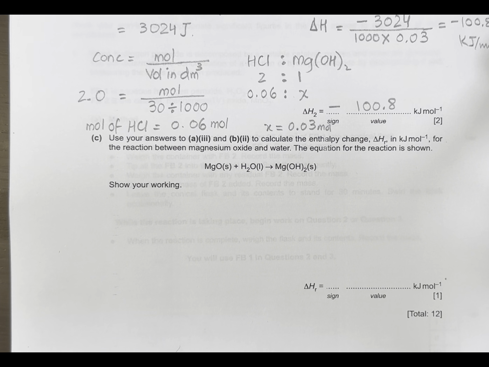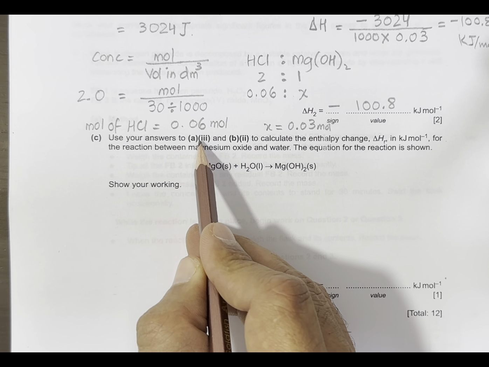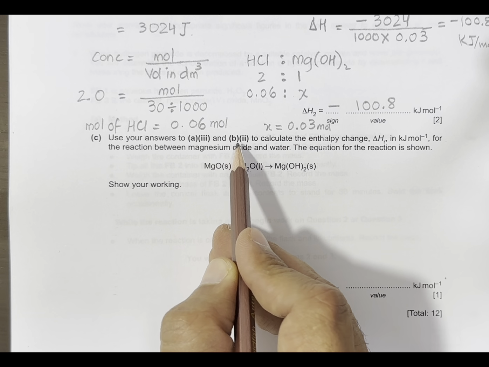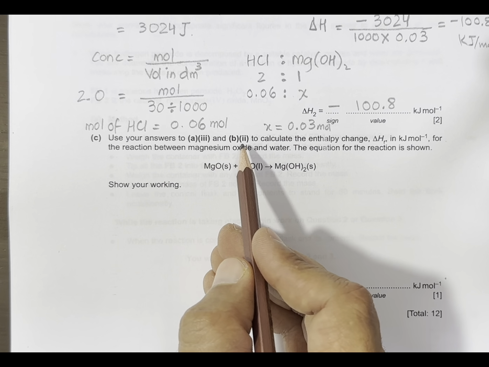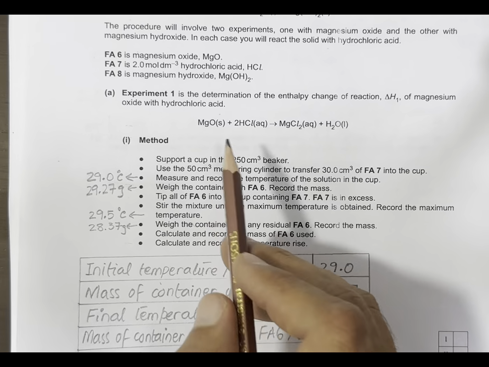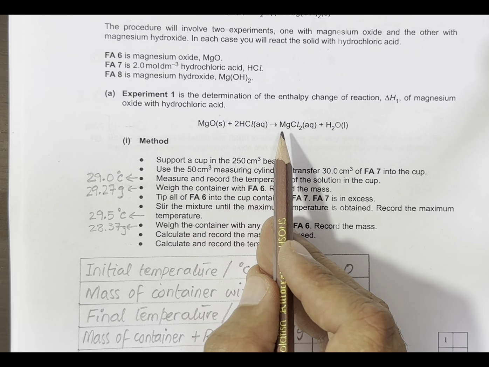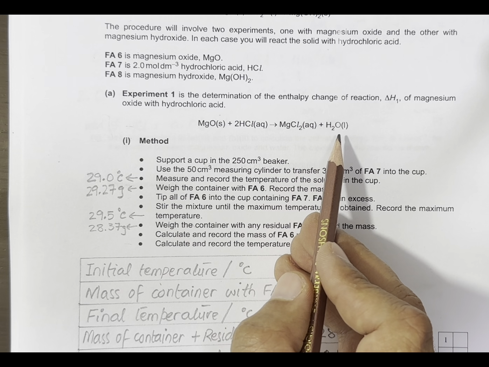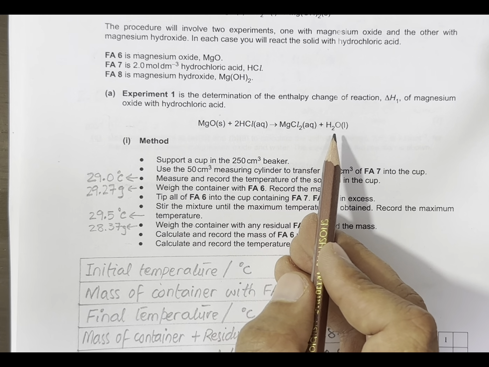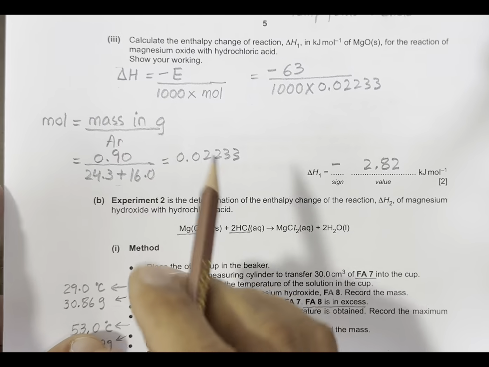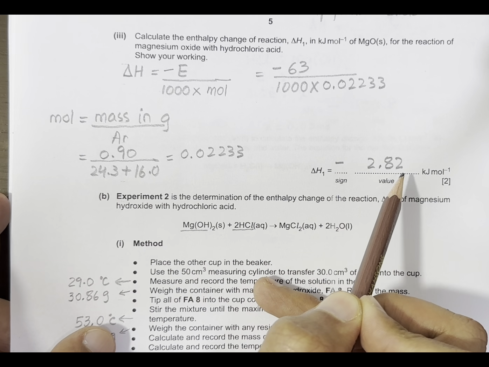Let's write the equation for the part A3 value and the equation for the part B2 value. The equation for part A3 was magnesium oxide with hydrochloric acid to form magnesium chloride and water, whose delta H we calculated in A3 as minus 2.82.